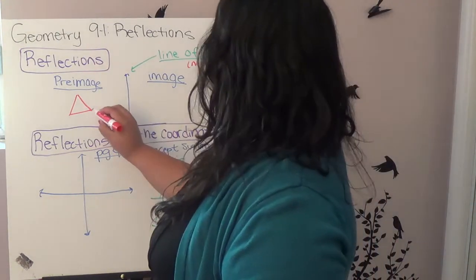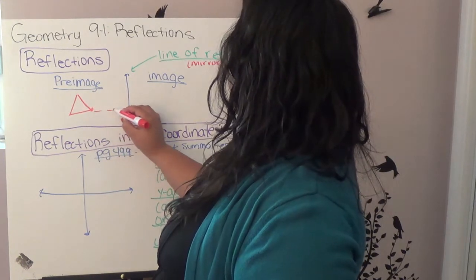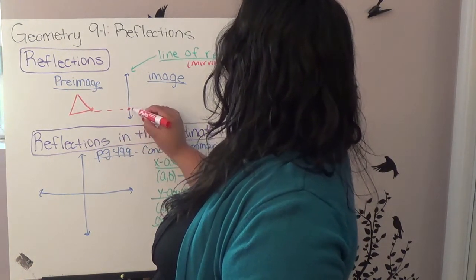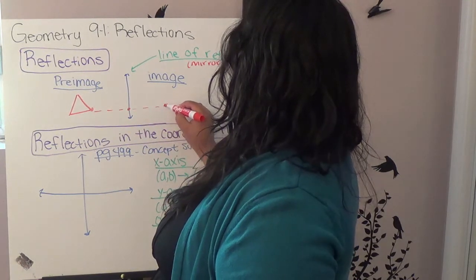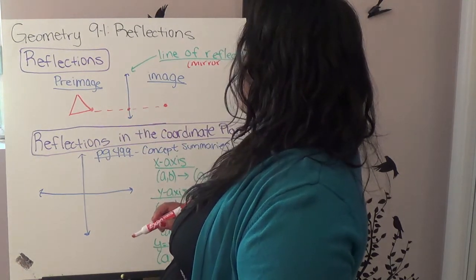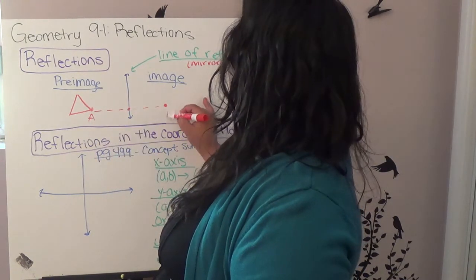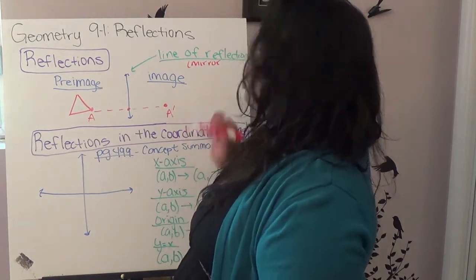So if, let's say this was 1, 2, 3 from this line, then it would be 1, 2, 3 here, okay? So let's call this A. This would be called A prime. So the image always has a prime.